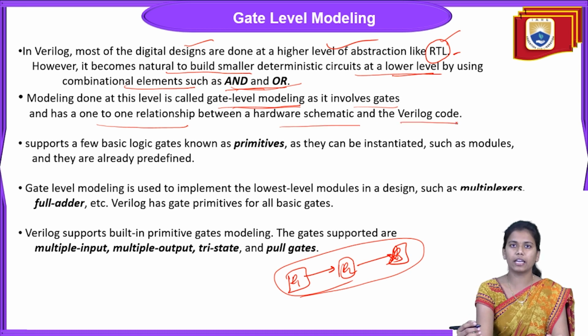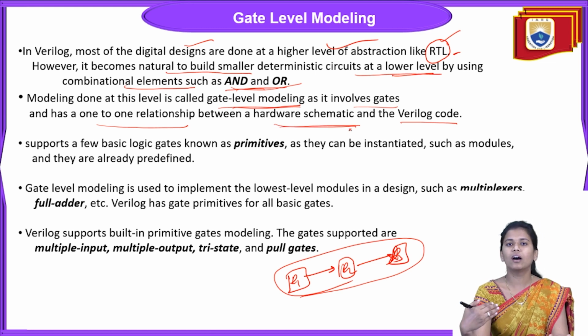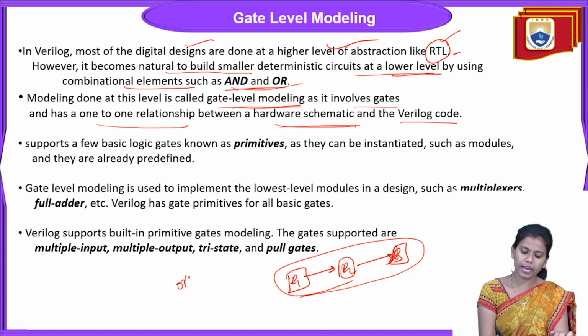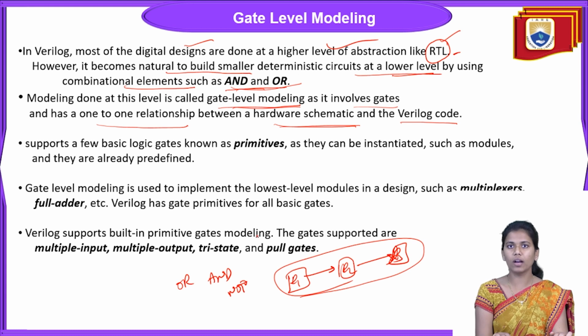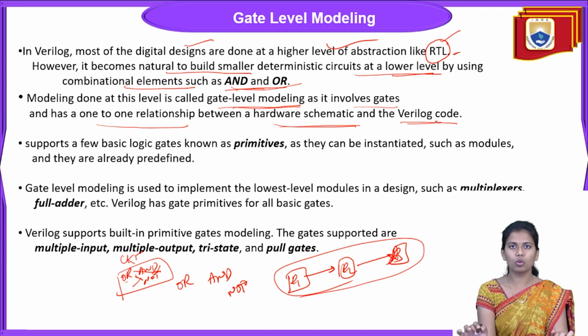In gate level modeling, as it is a connection between gates, you see a one-to-one relationship with the hardware schematics. That means you see a relationship between the different types of gates. Whether it is an OR gate, AND gate, or NOT gate, whatever gates you are considering in that circuit, if it is a combination of OR, AND, and NOT gates, then you see a relationship between these three gates in the Verilog code as well.